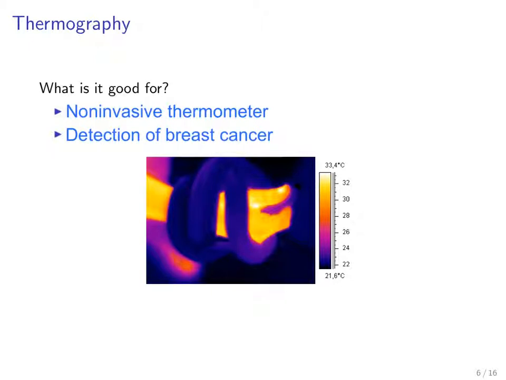And the idea would be that you would leverage the feature of thermography that it can get very good temporal resolution to detect small changes in temperature that would be due to increased vascularization in tumors, even in deep tumors.